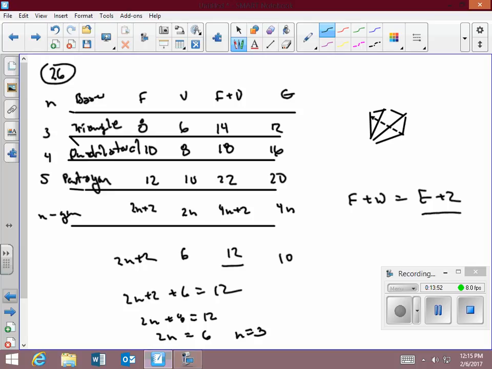So this number's got to be 6 plus 2 is 8. 2n plus 8 equals 12, that's not 3. Oh, it is 4. Okay. And this is 2. So then this is 4. This is 6. Yes.